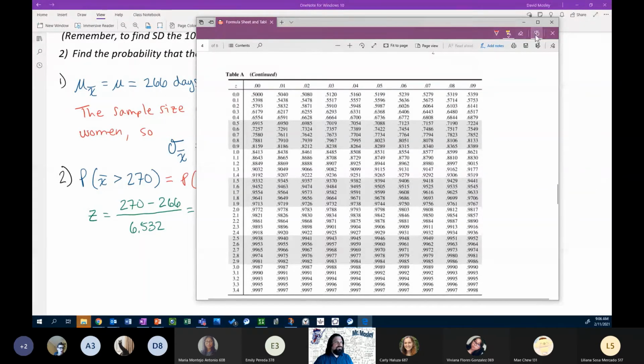We get 0.6, and then we find the 0.01. And they intersect right here: 0.7291.